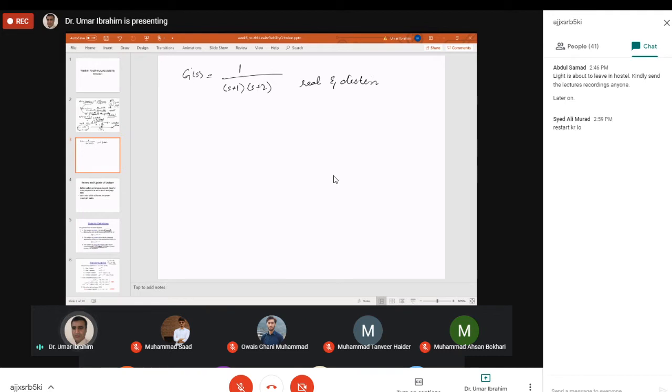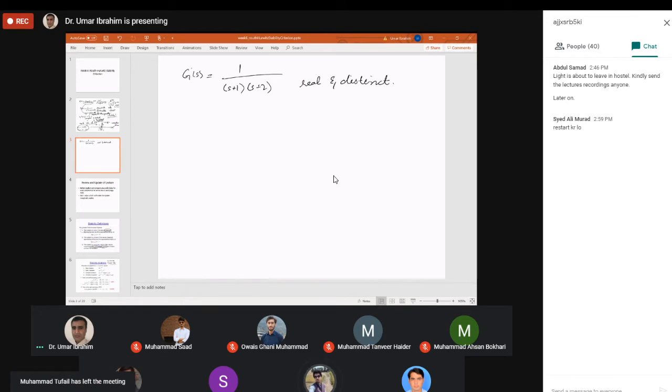Can any student tell me what this means? Is this system overdamped, critically damped, underdamped, or undamped? Any student? Can someone tell me? It is overdamped. Yes, very good. So this is an overdamped system.